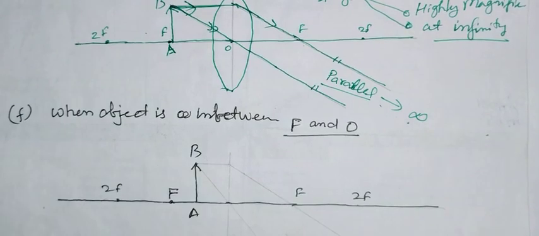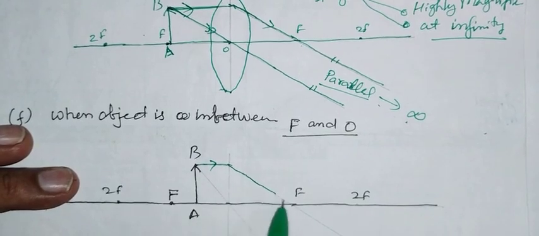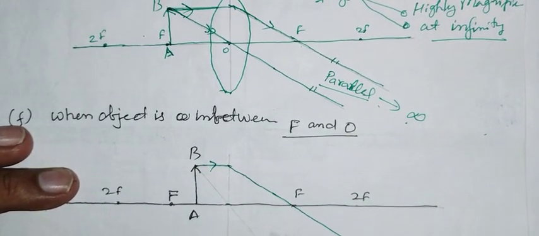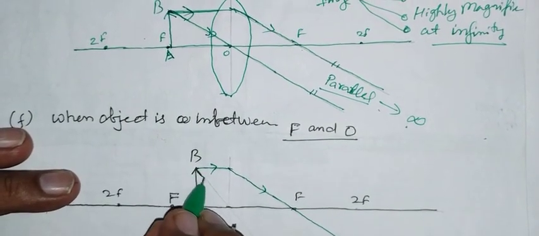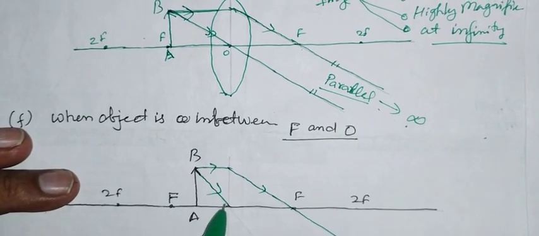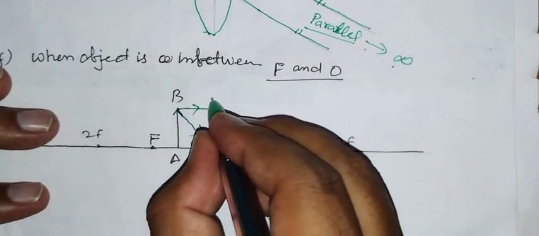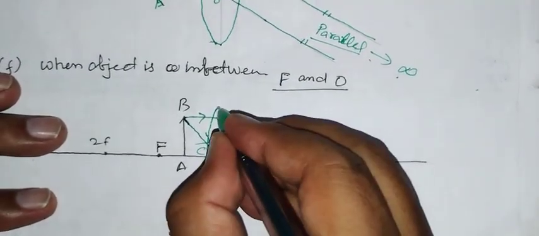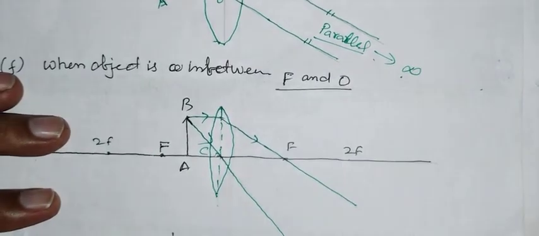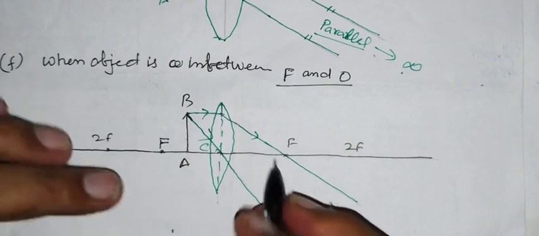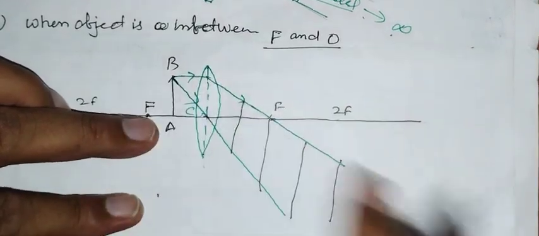First ray parallel to the principal axis always passes through focus. Second ray passes through optical center, undeviated. This is a convex lens. See here, the distance between both the rays goes on increasing when we move this side.